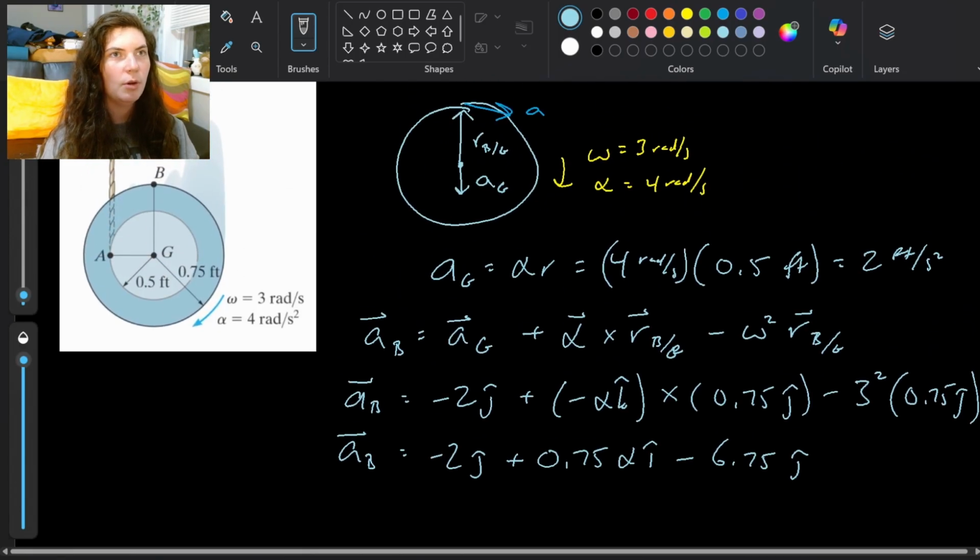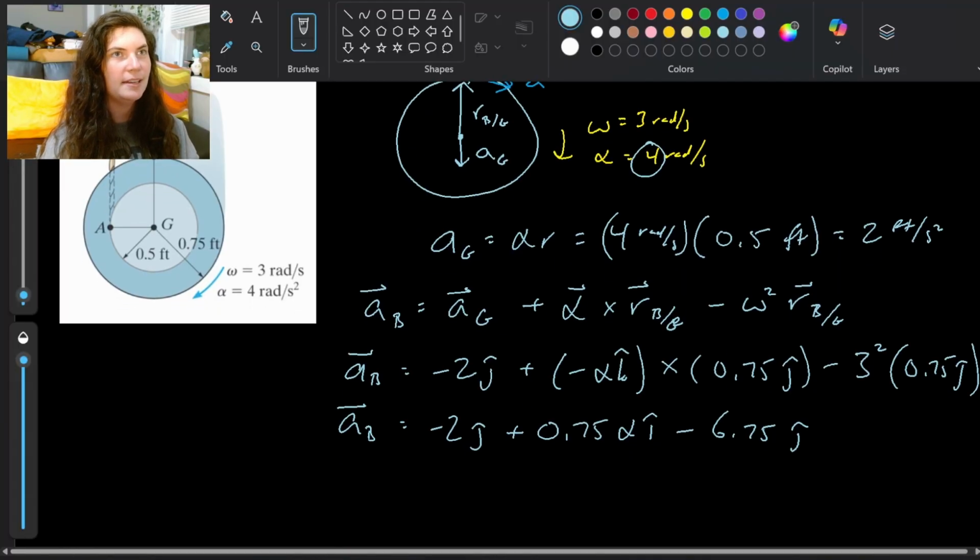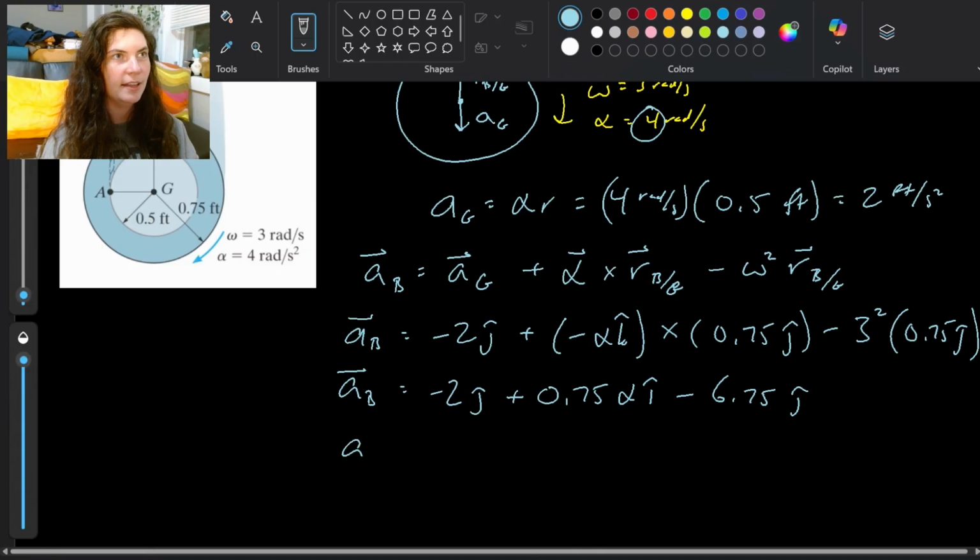Oh, I don't know why I wrote alpha every time in here. I know what alpha is. It's 4. I don't know why I didn't plug that in this whole time. Okay, let me simplify this and actually plug that in. Negative 2, I can combine those j's together too. Negative 8.75 j hat plus, if I plug in a 4 in here, I'm going to get 3 i hat.